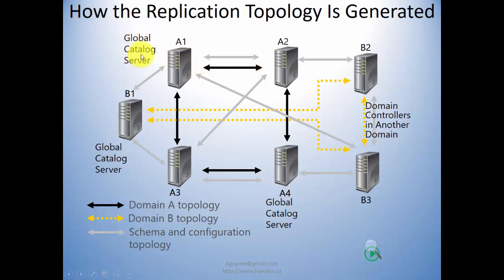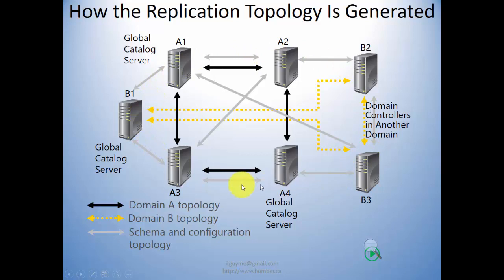So global catalog server A1 and global catalog server B1 are there, and then there is a global catalog server here at A4, right? So global catalog servers are supposed to update global catalog servers for the domain, and schema and topology configuration. What is going on here?